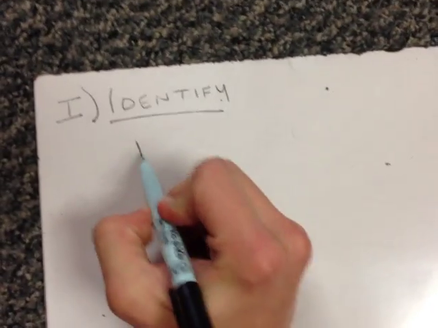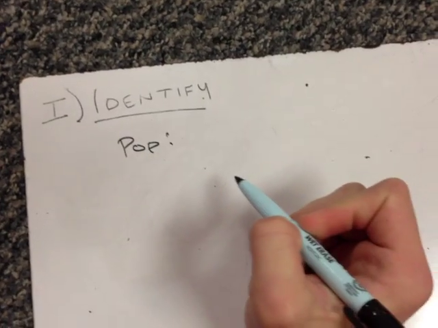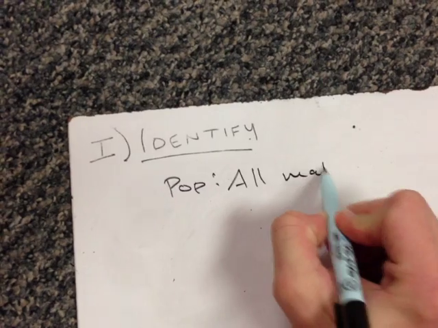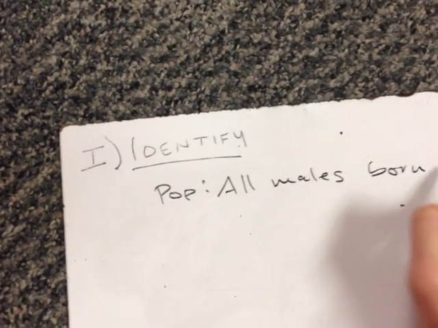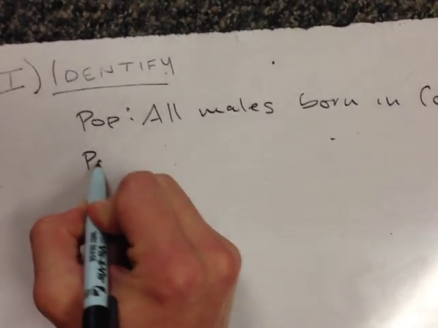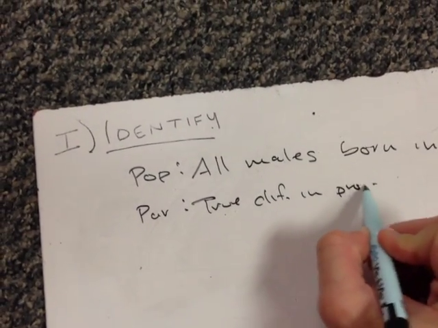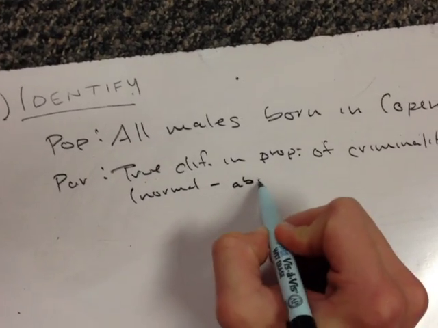The first I in ICCI is for identifying everything: your population, your parameter, your null hypothesis, and your alternative hypothesis. For this question, our parameter is the true difference in proportions of criminality, normal minus abnormal.